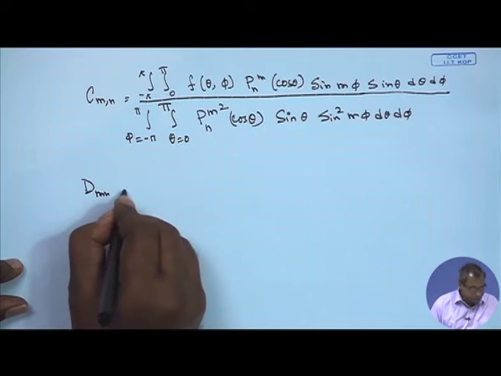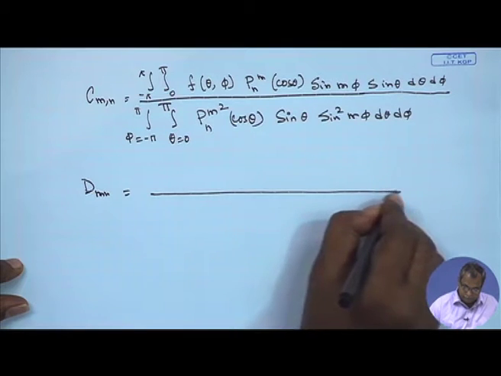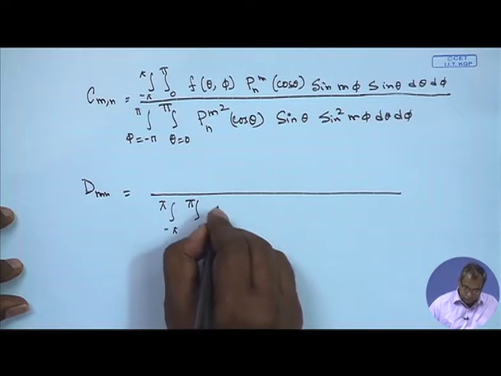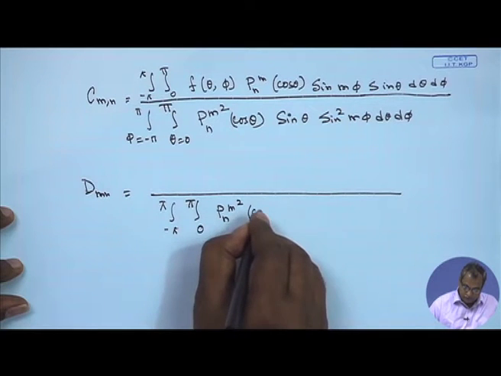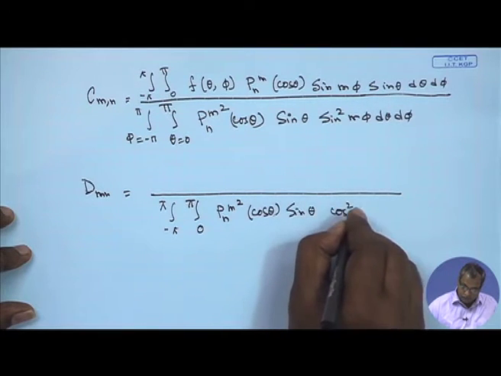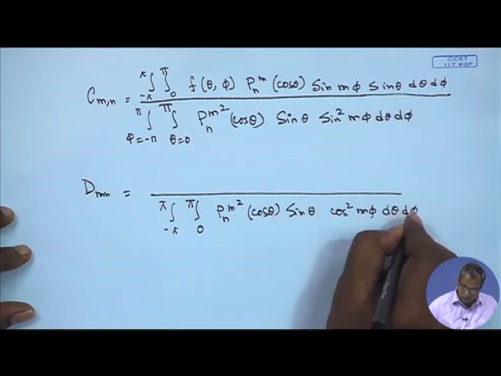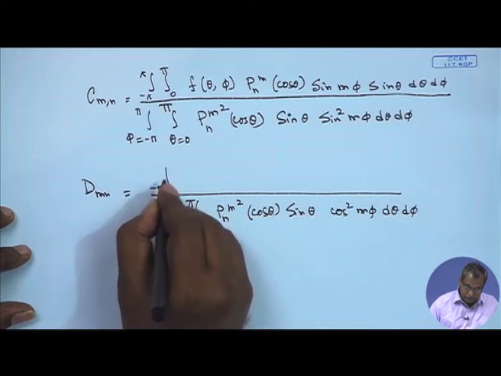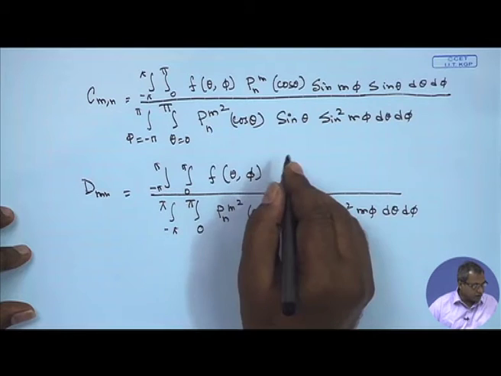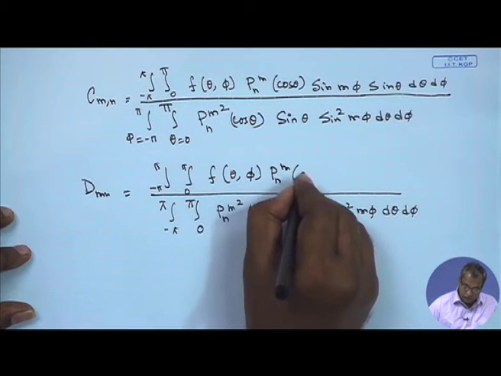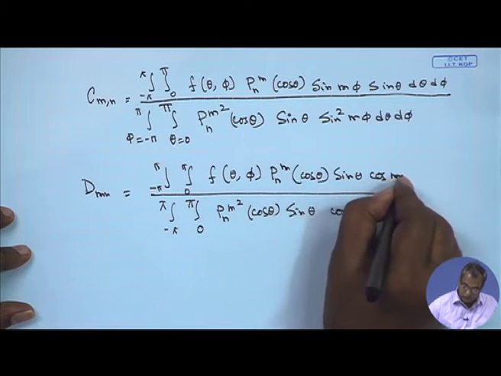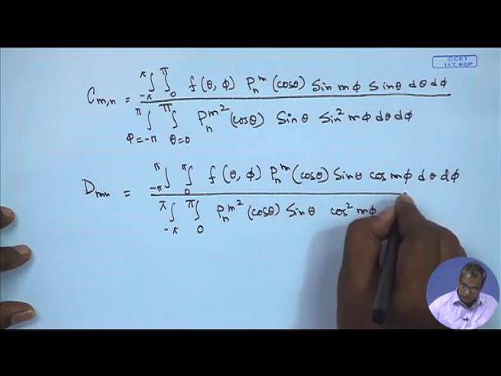And your D_mn becomes: in the denominator, minus pi to plus pi, 0 to pi, P_n^m squared of cos theta, sin theta, cos square m phi, d theta d phi, and in the numerator minus pi to plus pi, 0 to pi, f of theta phi, P_n^m of cos theta, sin theta, cosine m phi, d theta d phi.